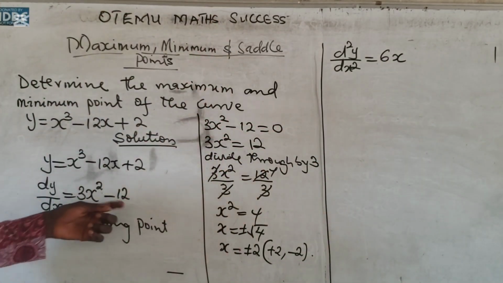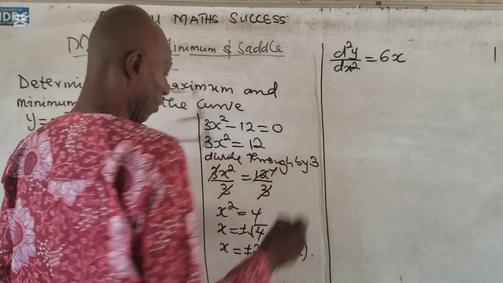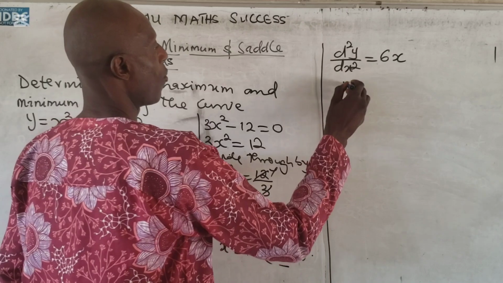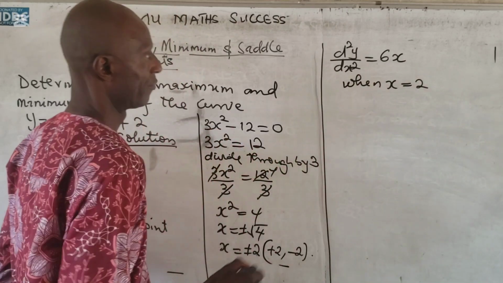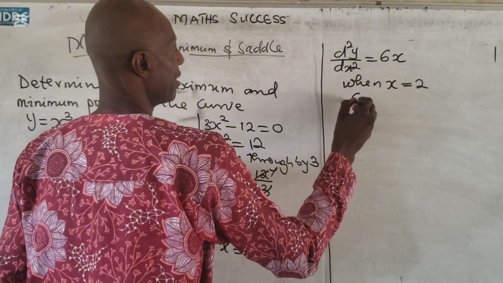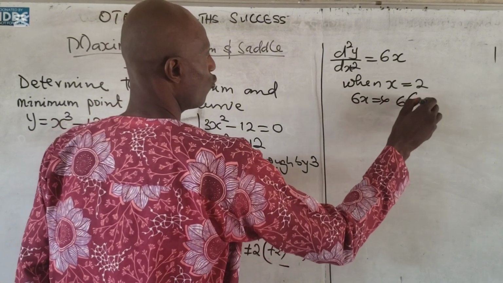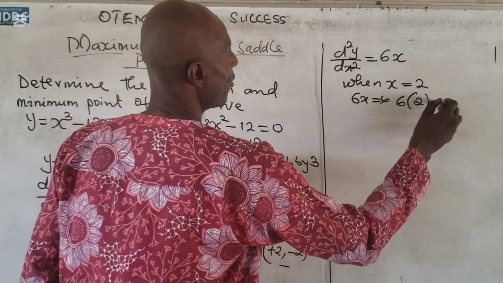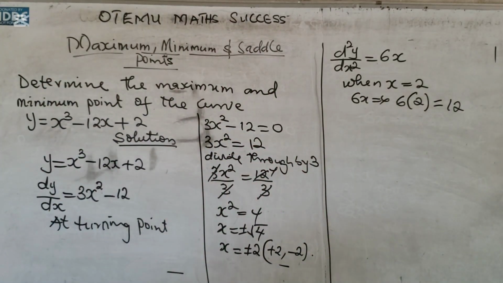And I told you, when you are differentiating a constant, it's 0. And when you are integrating, we'll get to integration later. Now, I want to take the first value: when x is equal to plus 2, I will put it in the value of 6x, which implies 6 bracket 2, and is equal to 12.